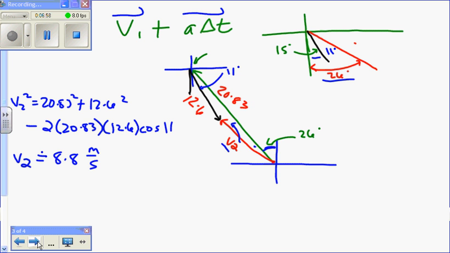Sine law: sine of dot over 12.6, the only side not touching it, equals sine 11 over V2, which was 8.8. And again, you can use your math skills and figure out that the dot angle is approximately 16 degrees.